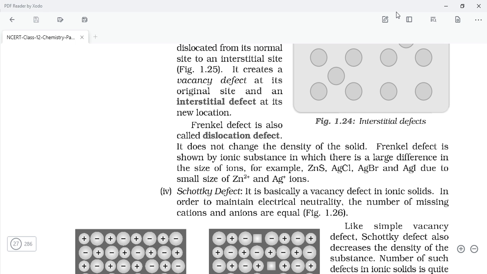So as we know, as you go down a single group, the size increases, and as you go left to right, size decreases. Am I right?